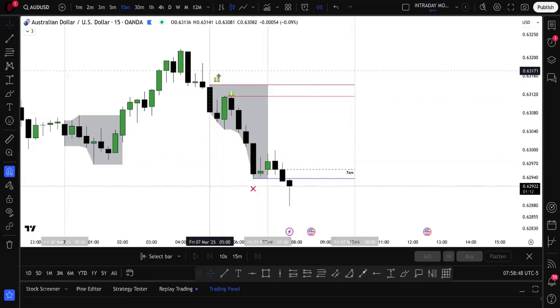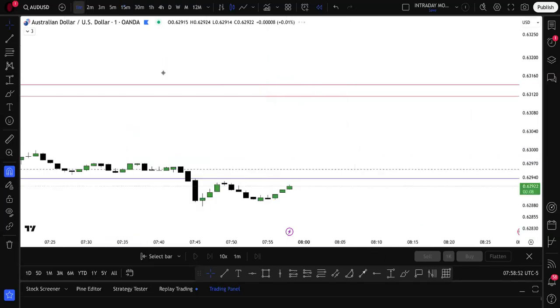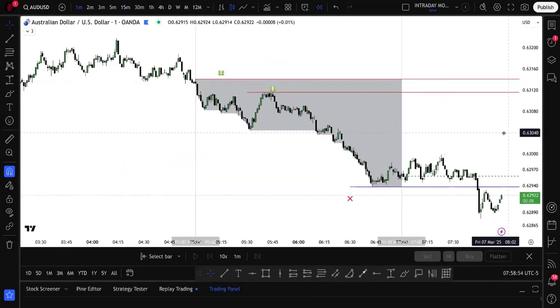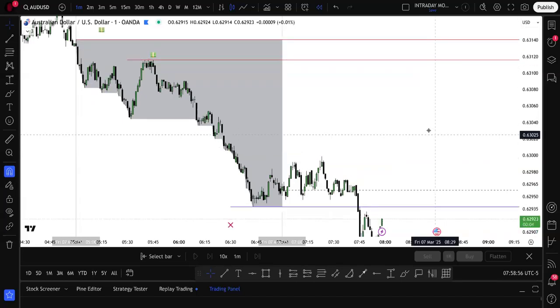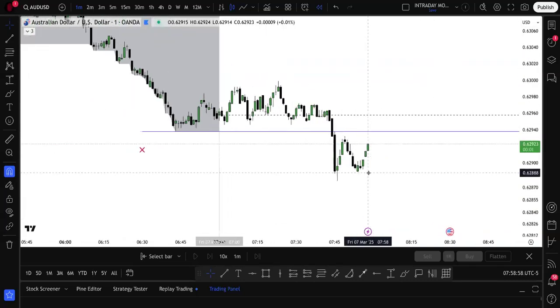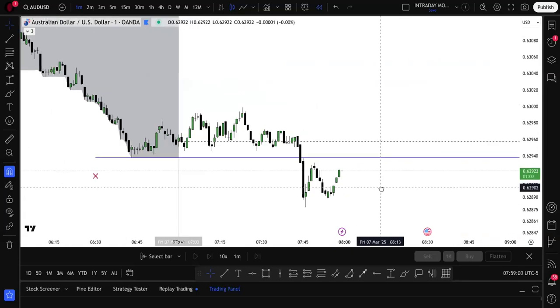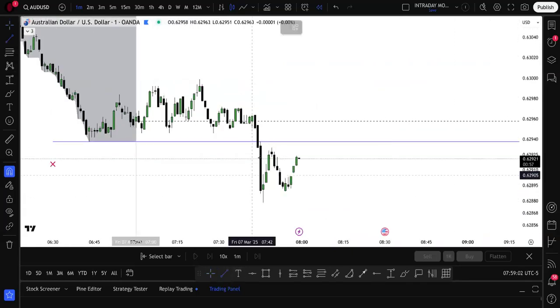All right. So far, this is what we got. Let's just take a look at the 1 minute time frame. Let's see if any of those entry techniques that we talked about has formed yet. Not yet. Nothing yet.